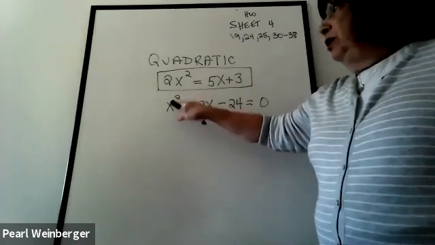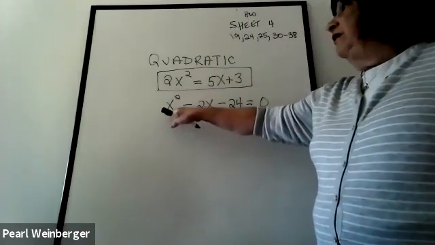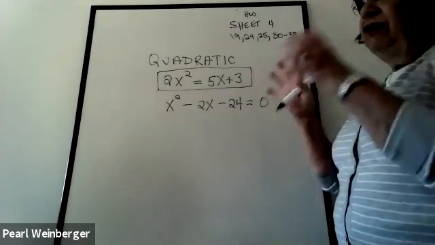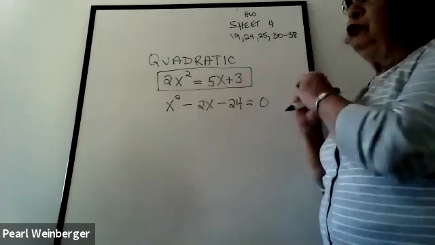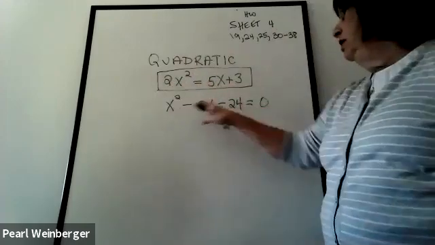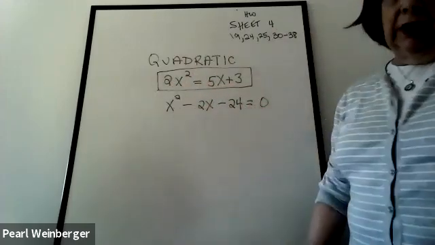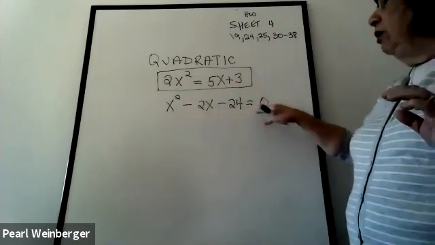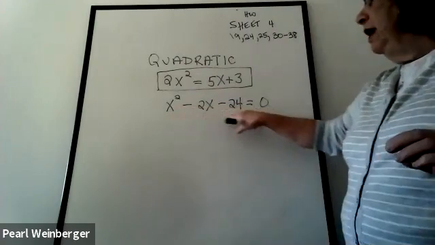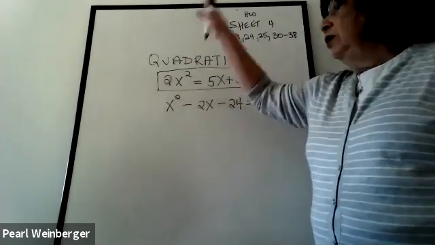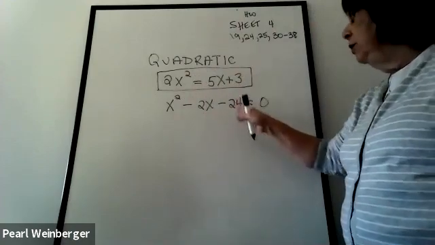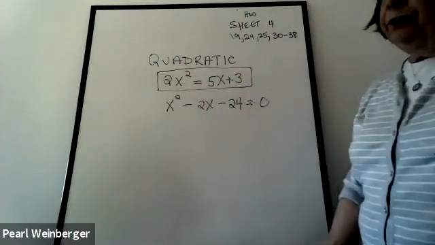What we do with a quadratic equation is, if I see it's a quadratic equation, I make sure that I get everything, all the numbers, all the letters, to one side, equaling 0 on the other side. So we want to put our quadratic equation in what we call standard format, which is where we have an x squared term, then an x, then a number equaling 0.